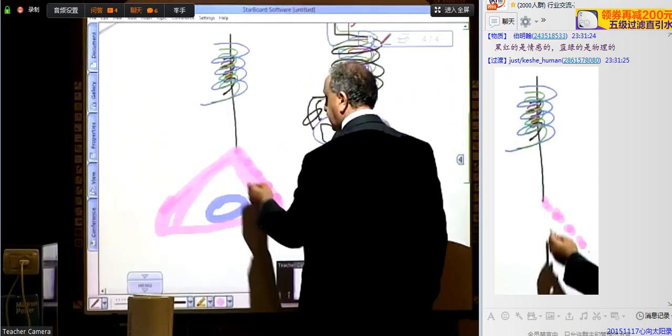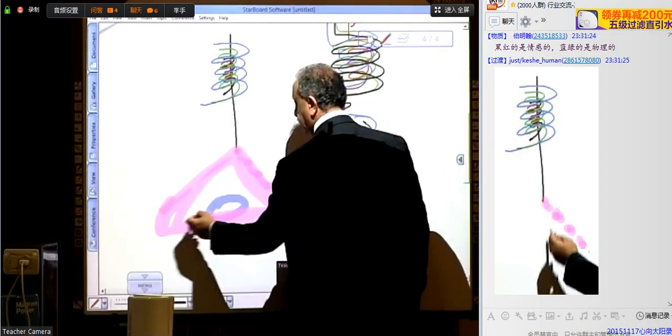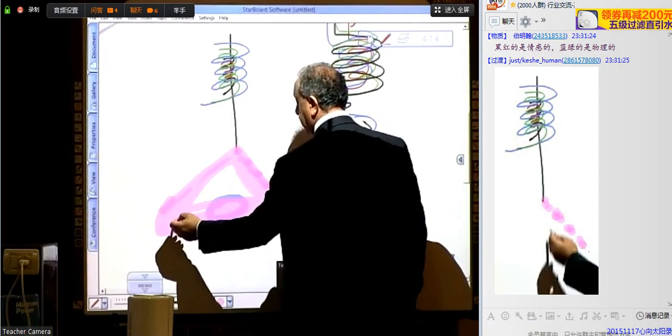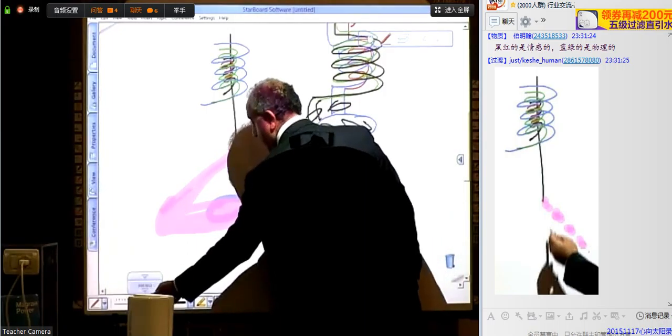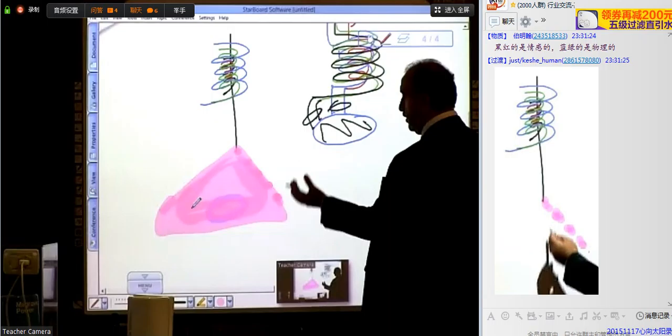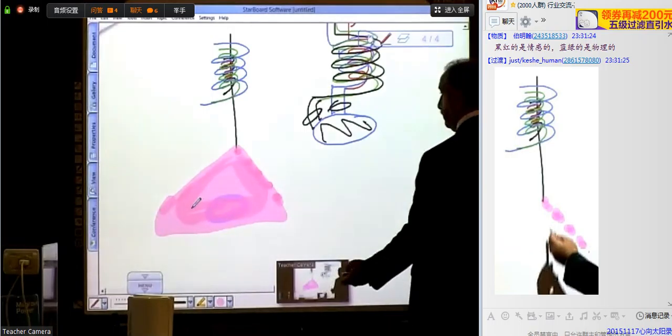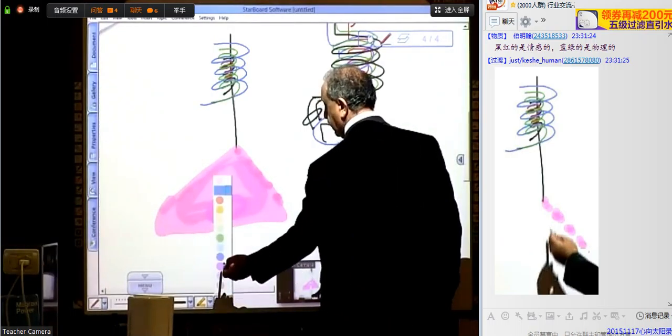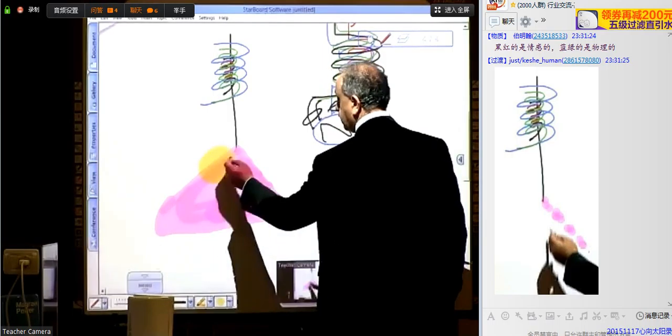Because now the field which you send out is one the physical side, and the other one the emotional.